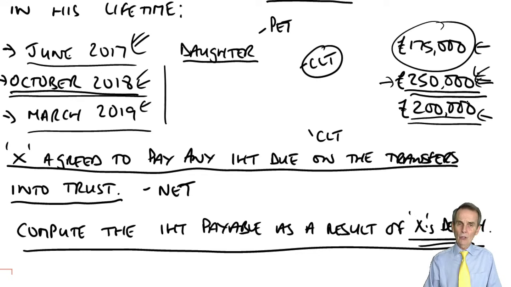Okay, so if you could do the computation, please, of lifetime transfers chargeable when made, and establish the amount of tax that was payable in relation to that £200,000 figure, and of course, for where we go after that, what was the gross amount of that chargeable transfer? So again, pause at this particular point, and when you come back, I'll work through the answer to that one with you, before we then move on to the lifetime transfers chargeable on death, and eventually the chargeable estate at death.